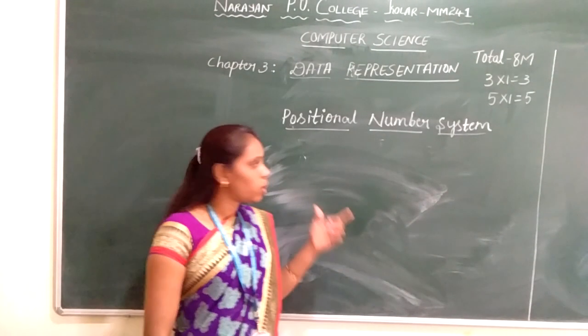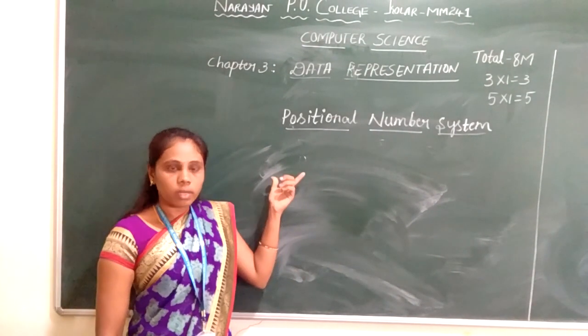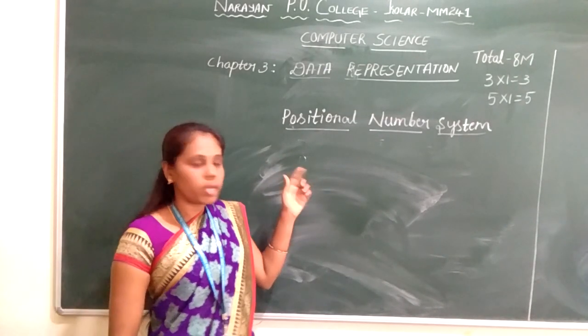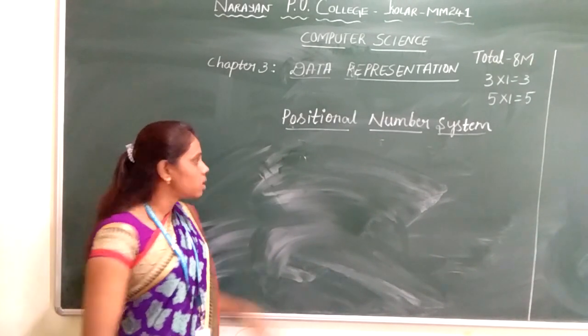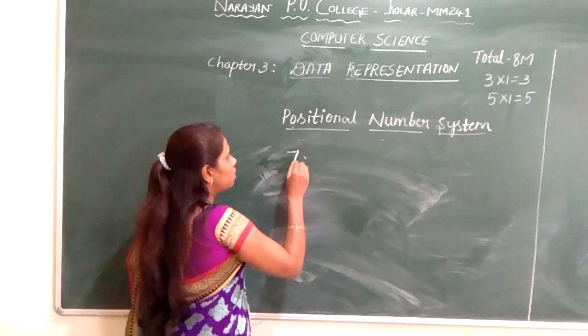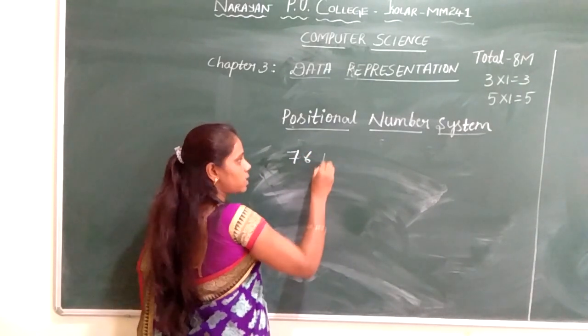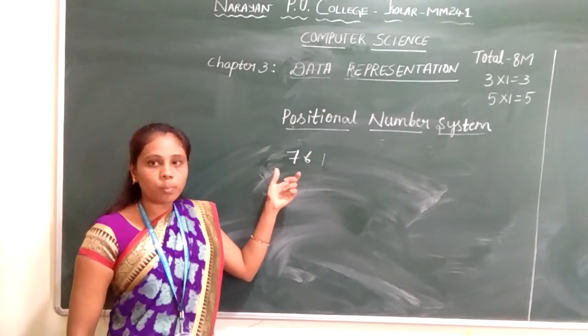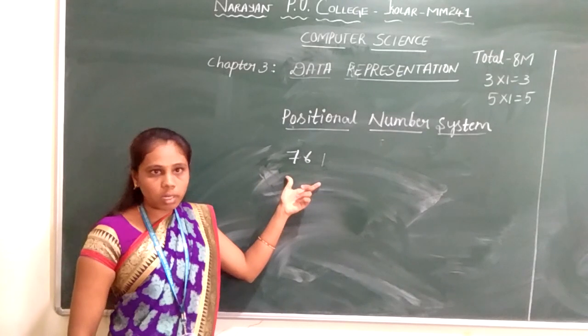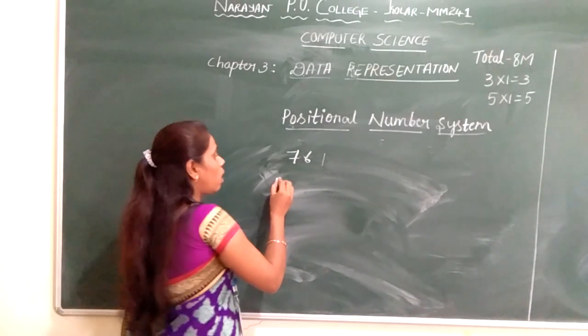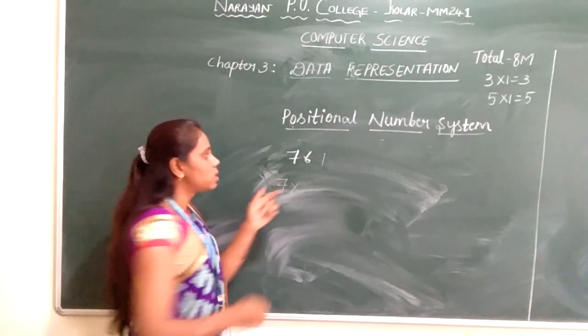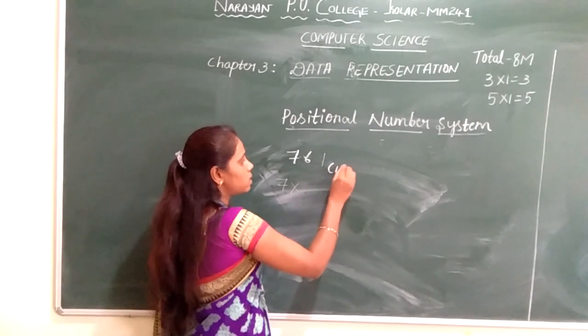Now we'll see one more example for the face value, place value and the base of the number system. Consider this as one example and we'll see how the place value and face value of these numbers depend. Always you need to multiply. I am taking the base value as 10, why?